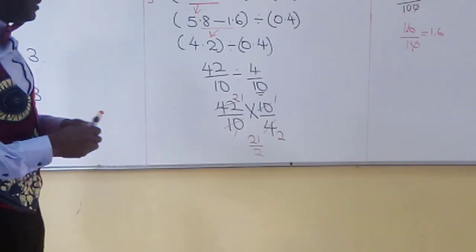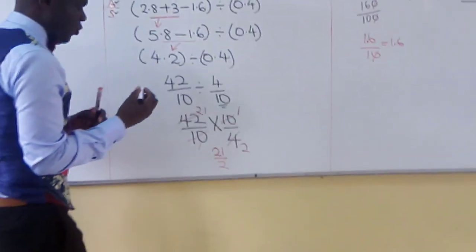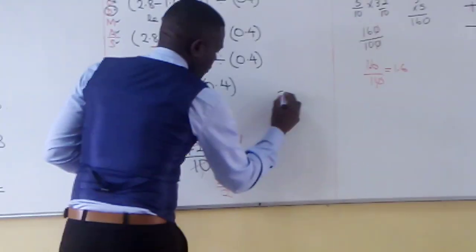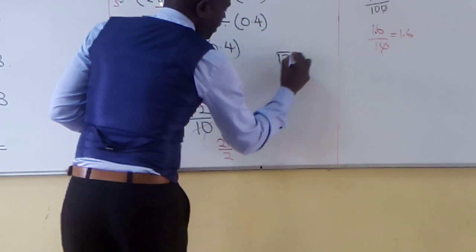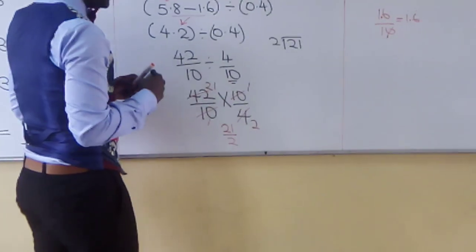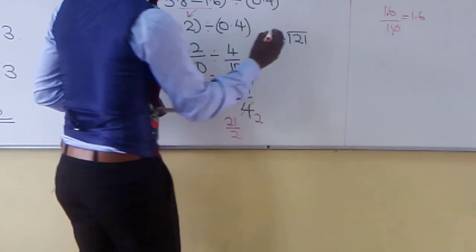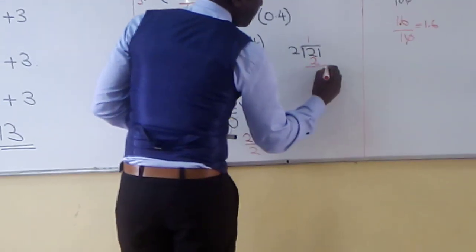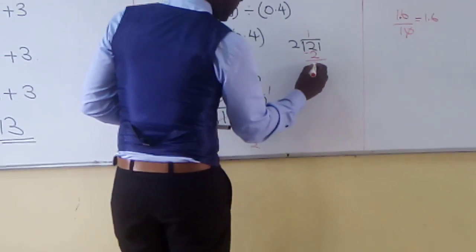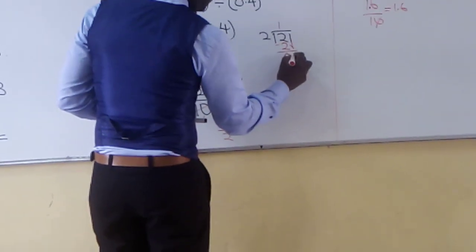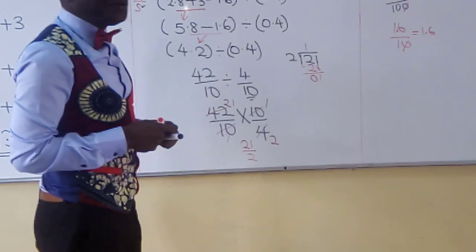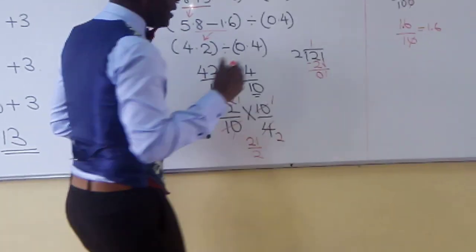My space is over. Allow me, with your permission, to work it out from here. 21 divided by 2. 2 goes into 2 once. We subtract. That's 0. We drop 1. 1 divided by 2 is impossible.